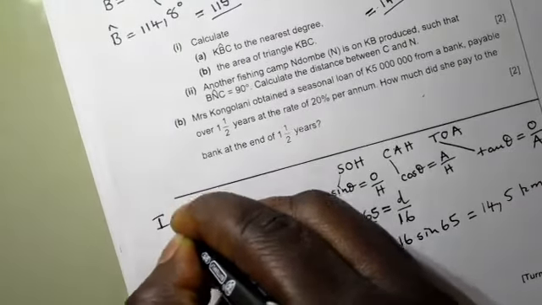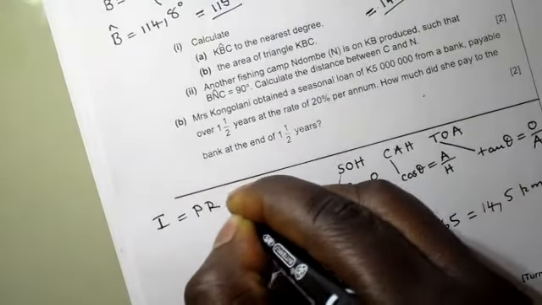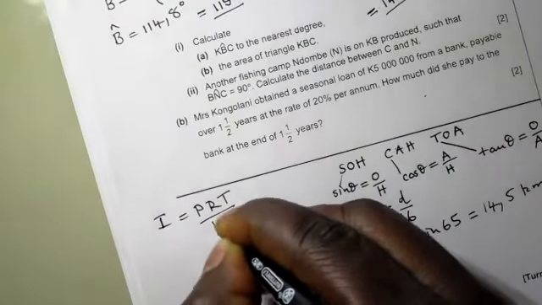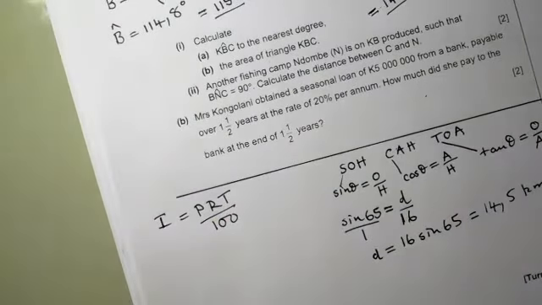Interest is equal to principal times rate times time all over 100. I hope you are listening, class. Interest refers to the amount that Mrs. Kongolani is going to pay as interest, or as the cost of borrowing, or as the finance cost. I hope you are listening, class.